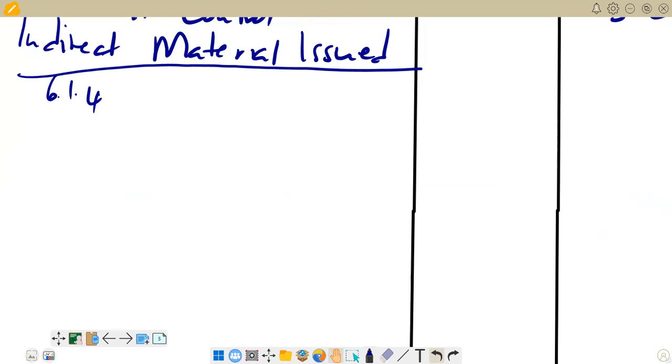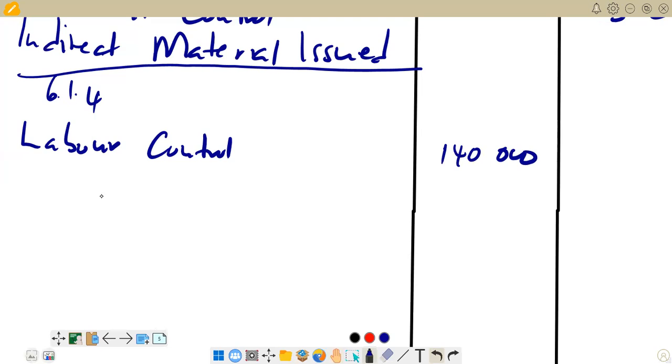So we are debiting the labor control with 140,000.